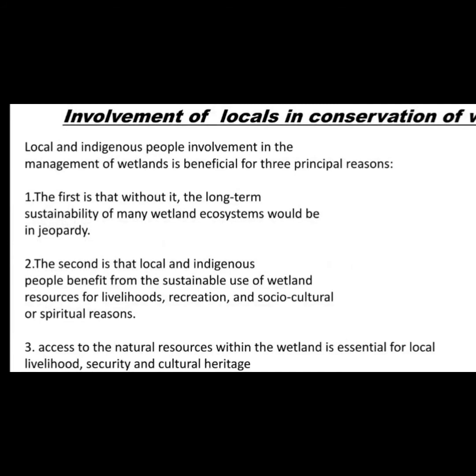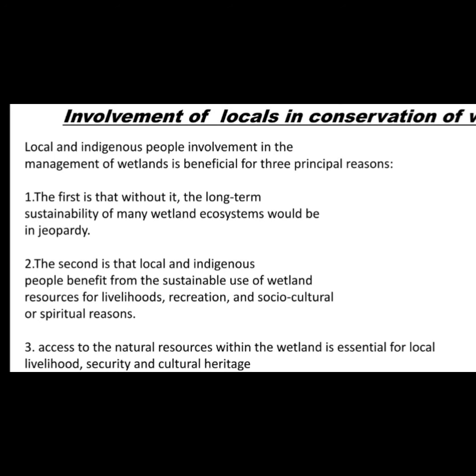Now we will see the involvement of locals in conservation of wetlands. Here the question comes, why are local people involved in the conservation of wetlands? The reason is that local and indigenous people's involvement in the management of wetlands is beneficial for three principal reasons. The first is that without it, the long-term sustainability of many wetland ecosystems would be in jeopardy.